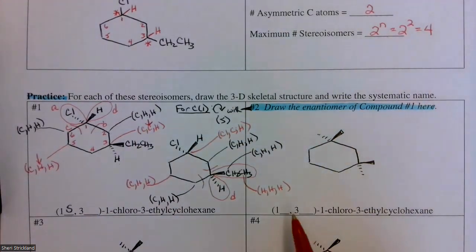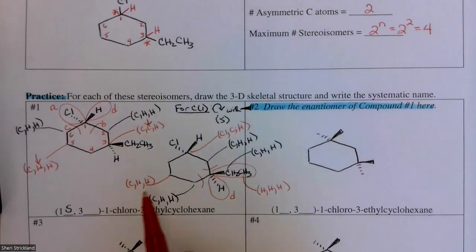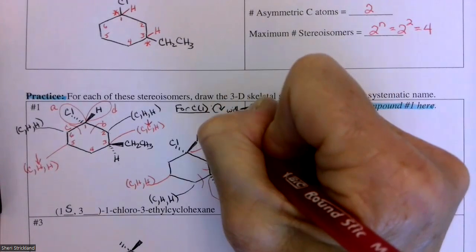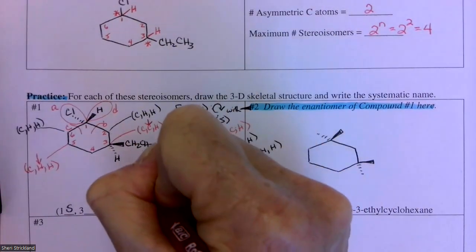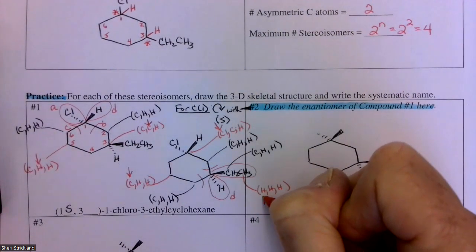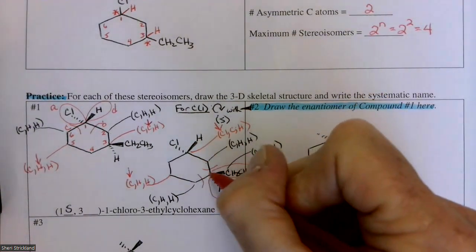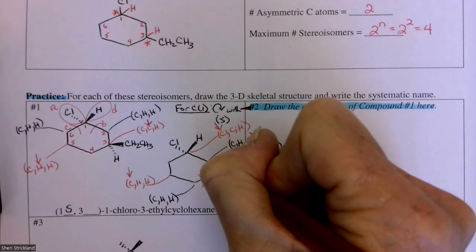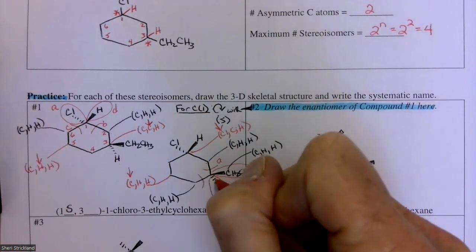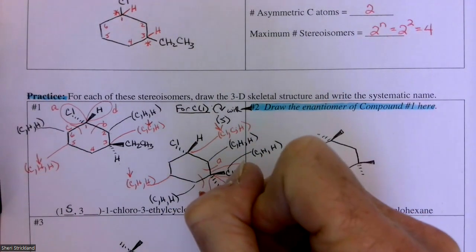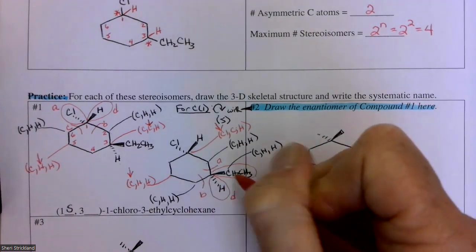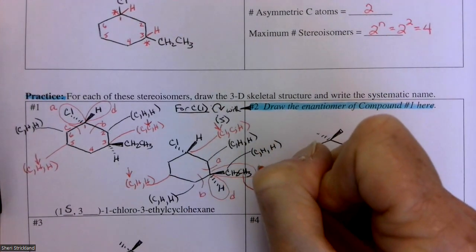All right, and so now, if you look at the first positions, they're all different. And so this one is higher than that one, which is higher than that one, which makes this direction A, and then this direction B, and then the ethyl group gets to be C.